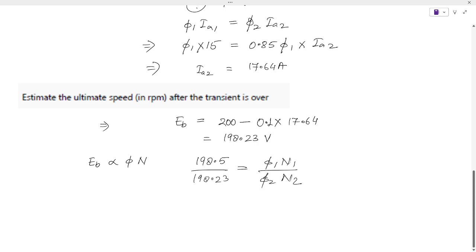Phi 1 is known to you, n1 is 900 rpm, phi 2 is 0.85 phi 1, and n2 is not known. So find out n2 by linking these two.